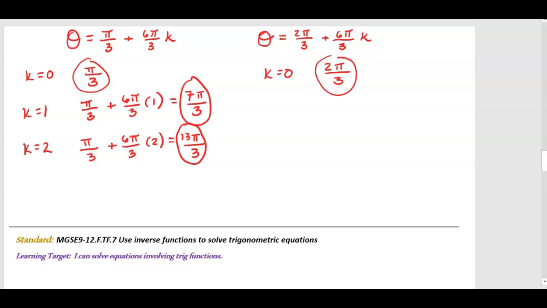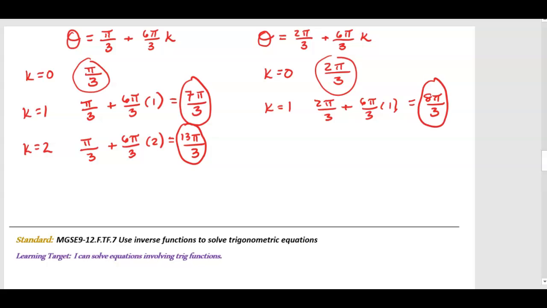Okay, k is 1. I get 2 pi over 3 plus 6 pi over 3 times 1. So I get 6 pi over 3 plus 2 pi over 3, which is 8 pi over 3.